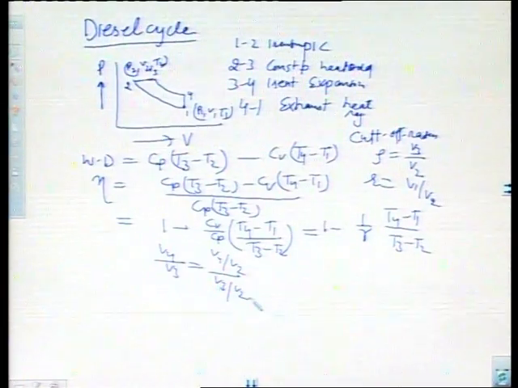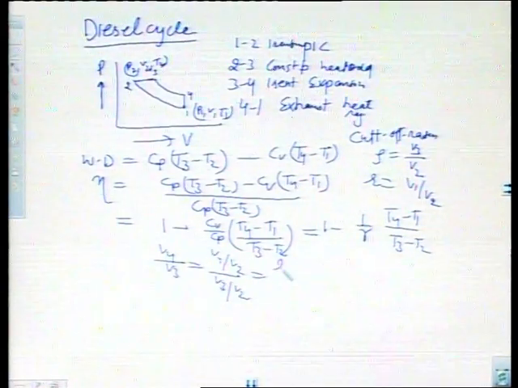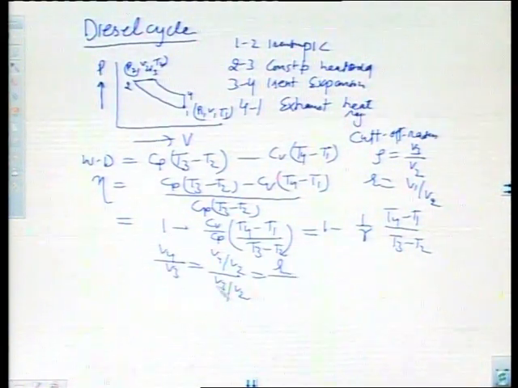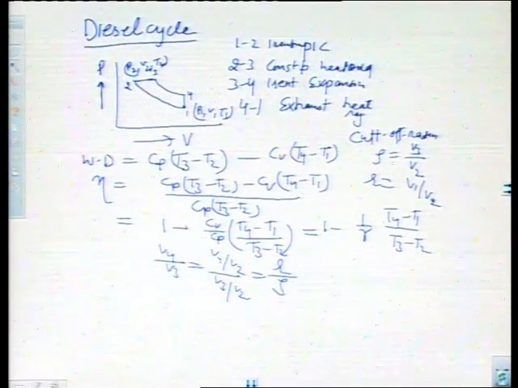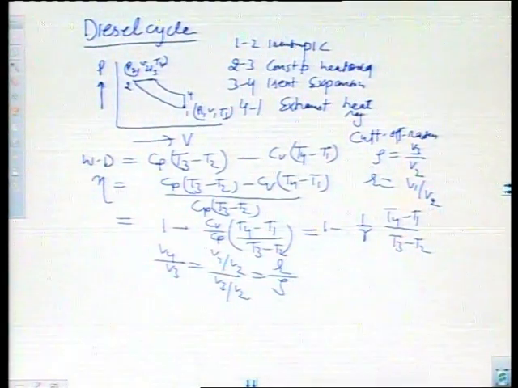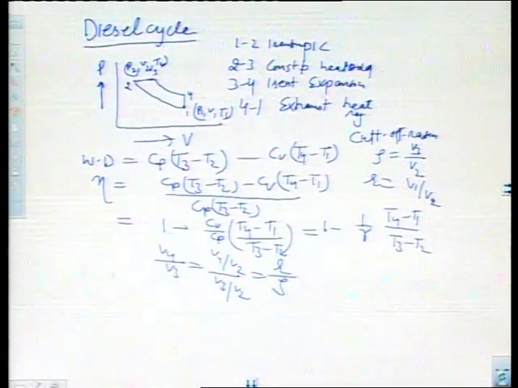We have divided V4 by V2 and V3 by V2. What is this? This is the compression ratio R. V3 by V2, I have explained, is known as the cutoff ratio. So, we can say V4 by V3 is nothing but compression ratio divided by cutoff ratio. So, we can further derive it.